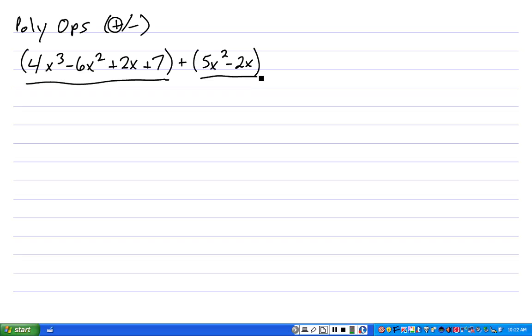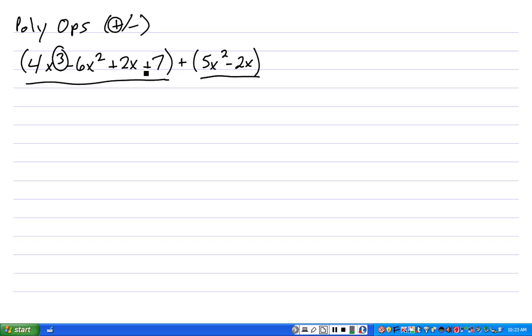Now, the best way I can tell you to do it is to always look at all of the terms in each set of parentheses that's presented and find the highest degree that's presented. When I look at my first set of parentheses and my second set of parentheses, I see the highest degree for them all is the third degree.